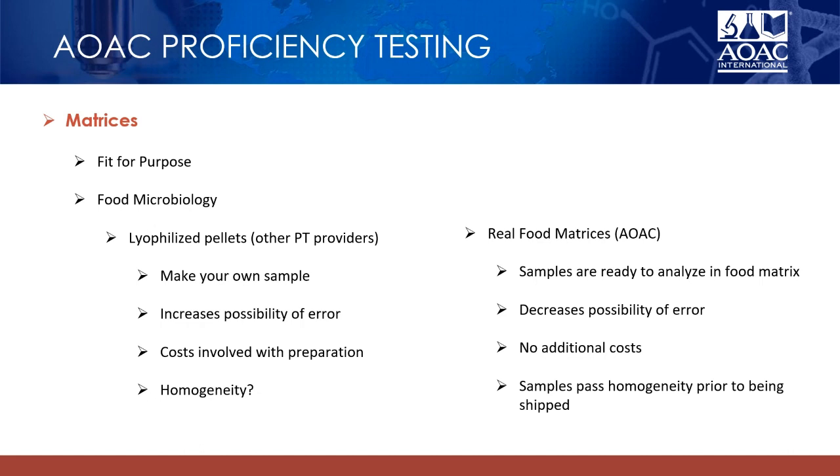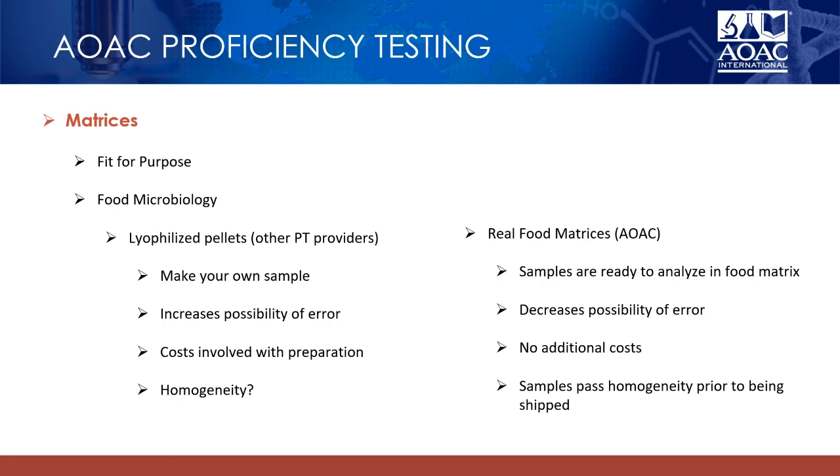Therefore, proficiency testing providers, like AOAC, try to develop programs with a general food matrix that can be used across many methods. Again, when selecting a PT program and the matrix, you want to make sure it's fit for purpose for your laboratory. And I want to cover some of the differences in some of the proficiency testing matrices that are out there in addition to the programs.